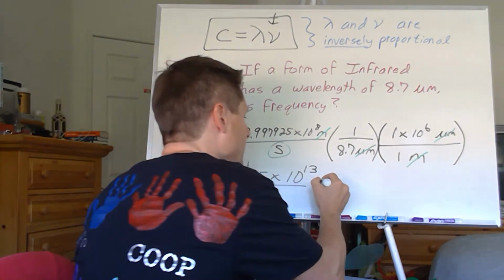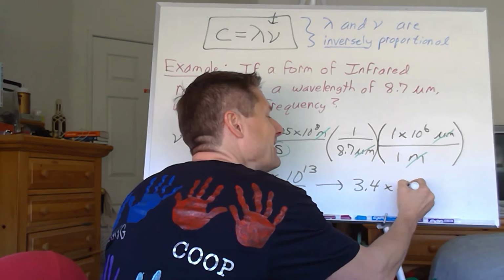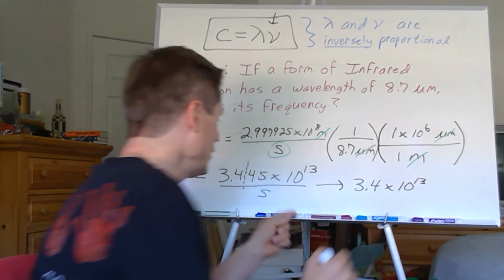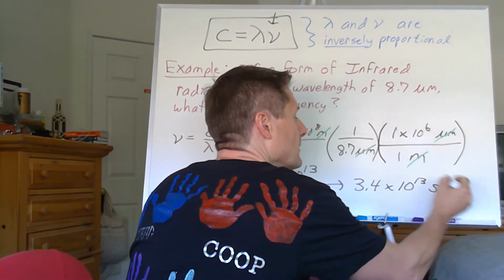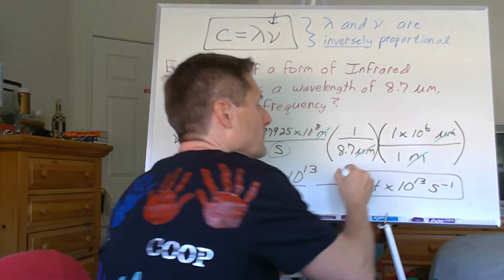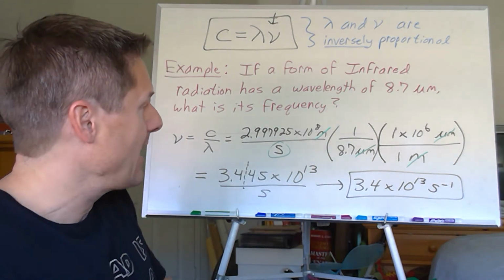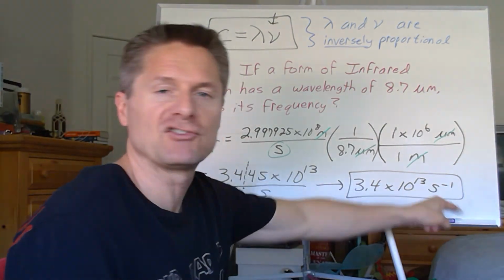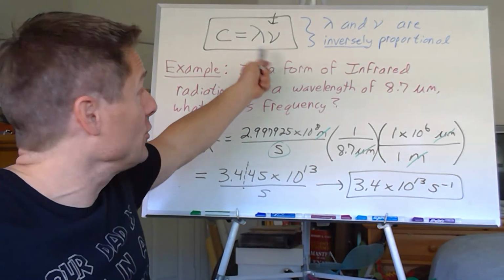It stays as 3.4. So let's go 3.4 times 10 to the 13th. Now you can go over seconds, or you can go inverse seconds like this. If I'm doing dimensional analysis, I like to have the seconds in the denominator like that. If I'm just writing an answer, a lot of times I'll just go seconds to the -1 power. I don't care. It works out fine either way. But that's how you can interconvert.